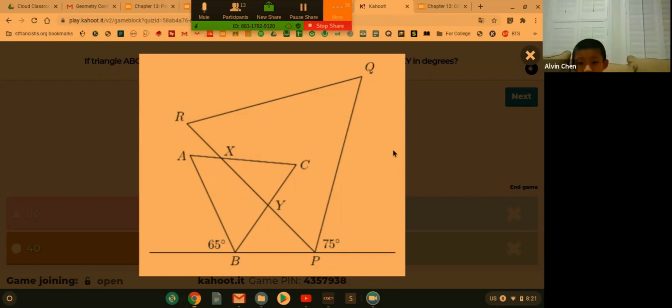Then you use 360 minus 125 minus 135 to get YBP plus YPB is 100. Then you can just find angle BYP is 80. You don't have to find YBP and YPB separately.